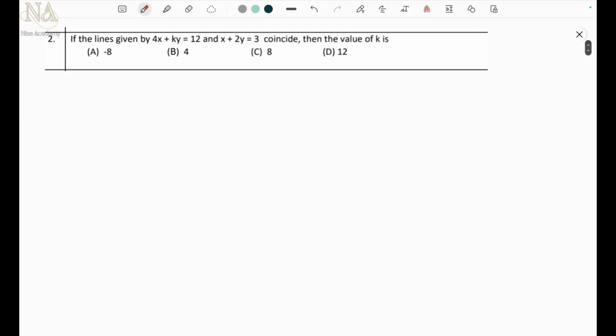If the lines given by 4x plus ky equal to 12 and x plus 2y equal to 3 coincide, then the value of k is. Now, given equations of two lines, a1x plus b1y plus c1 equal to 0 and a2x plus b2y plus c2 equal to 0.